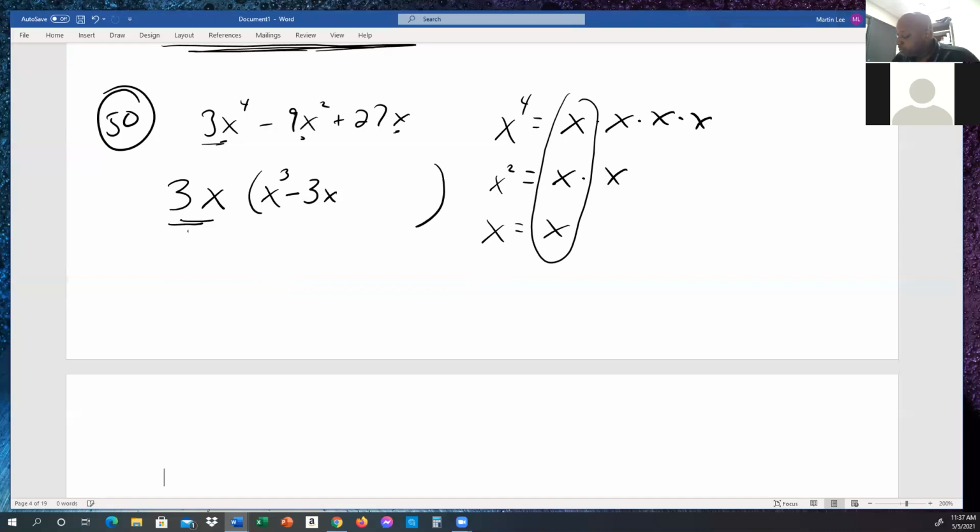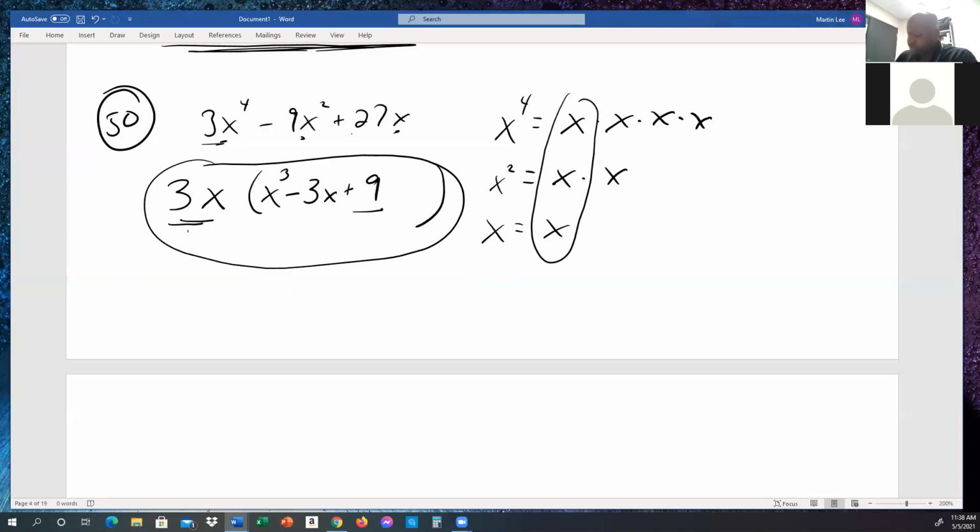And now 3x times what gives me 27x? It's going to be a positive 9. And this can't be factored anymore. So for 50, we wind up with 3x times x to the third minus 3x plus 9.